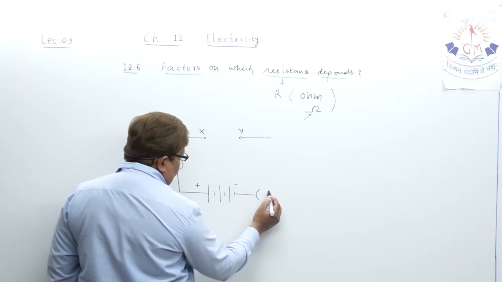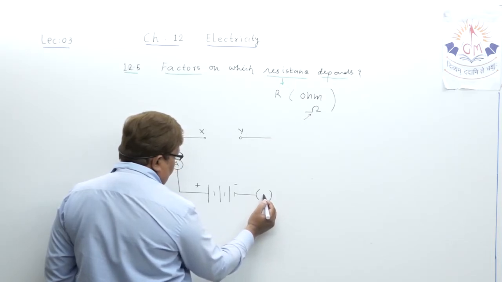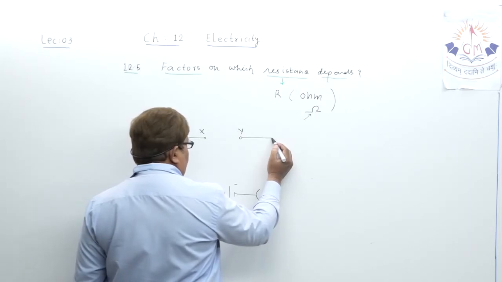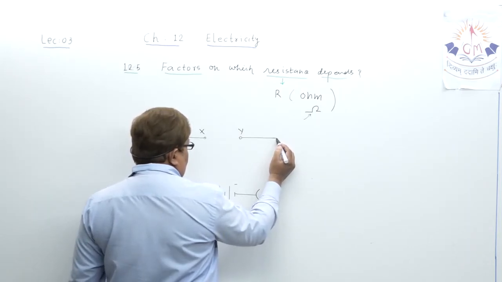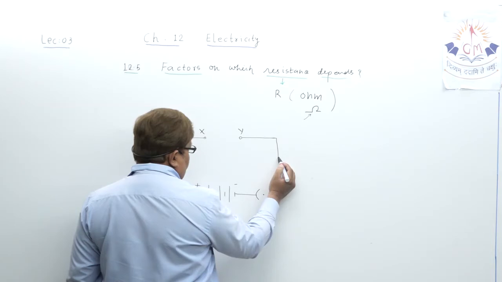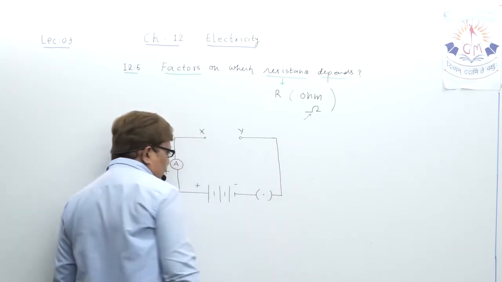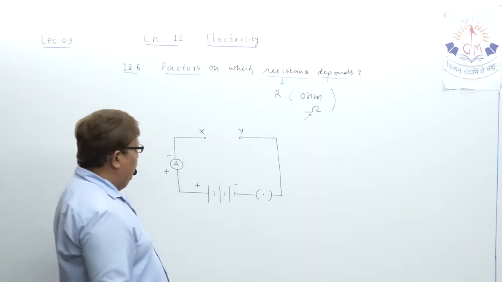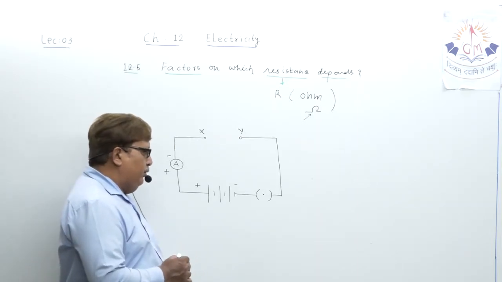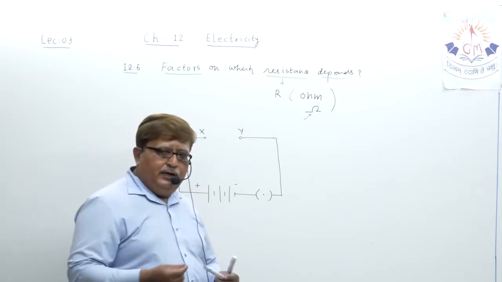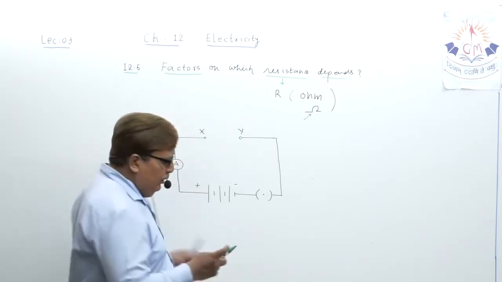And I am showing one plug key switch, closed or open, whatever. Understand? And suppose this is the electric circuit. Actually, this activity which they have shown in the textbook is trying to make us understand why the idea of resistance came.